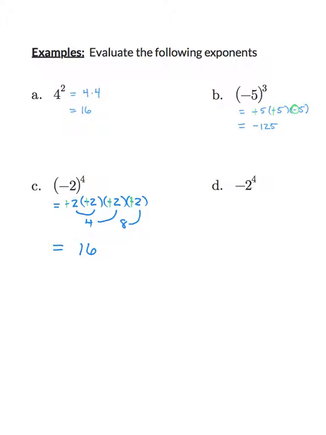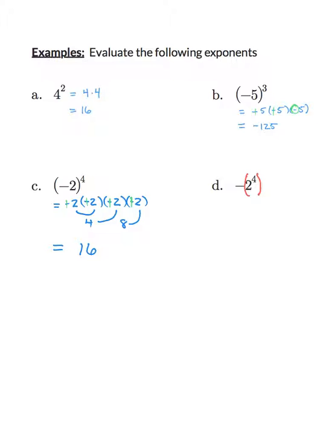So if it is not inside parentheses, what does that mean? Well, what we're actually looking at is that the exponent is not acting on the negative. What we basically have here is minus 2 to the fourth.